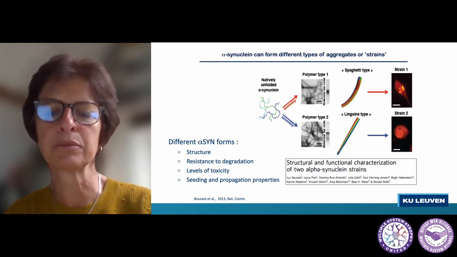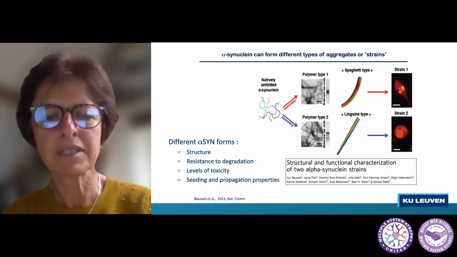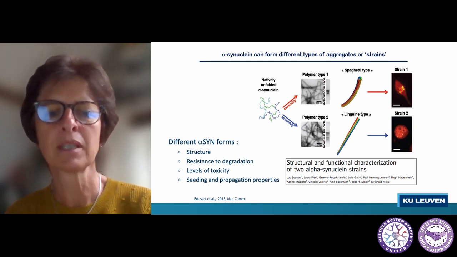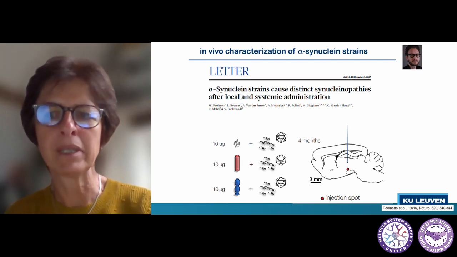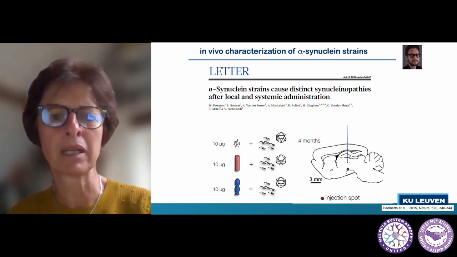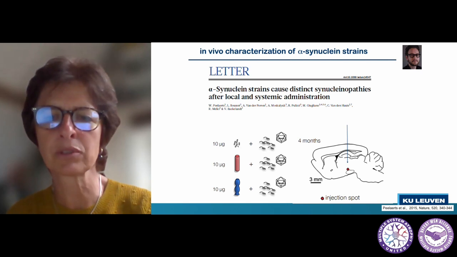So we tried to investigate the properties of these different strains in the rodent brain. Wouter Peelaerts, who was then a PhD student in my lab, started this project. What he did was to inject these different strains in the substantia nigra of rats.